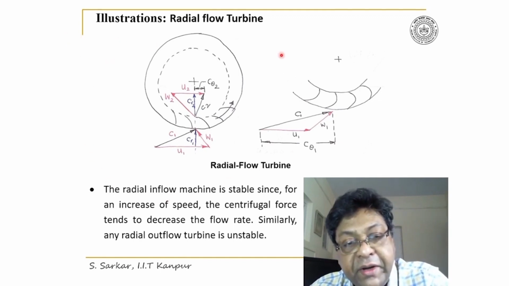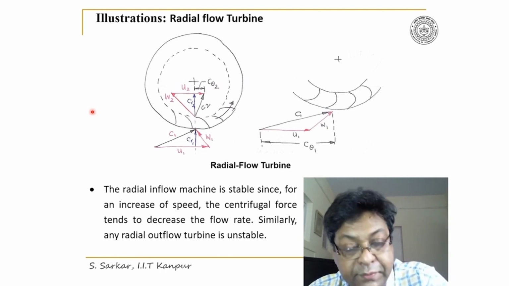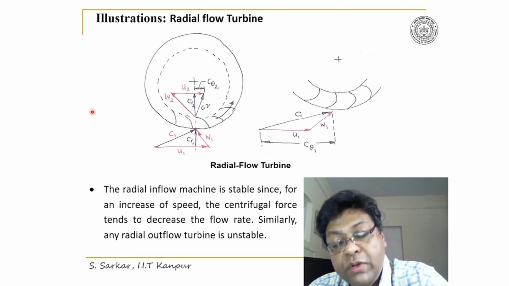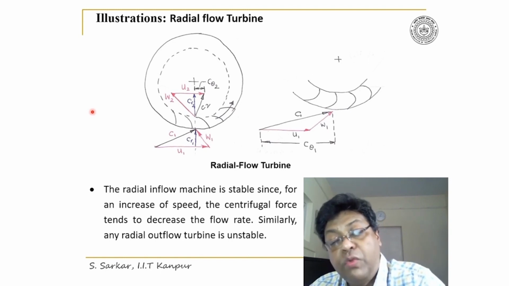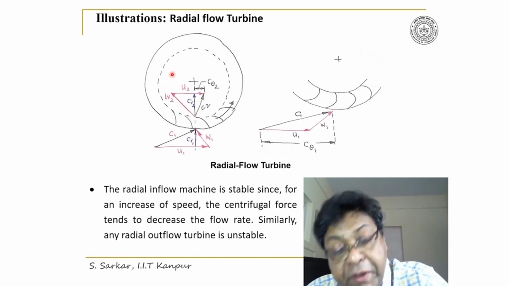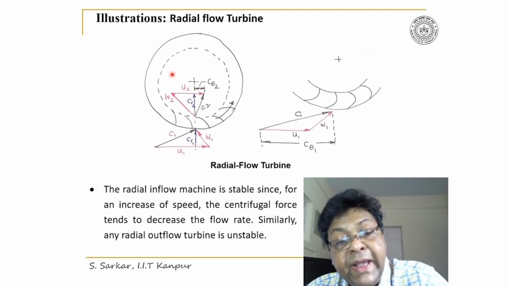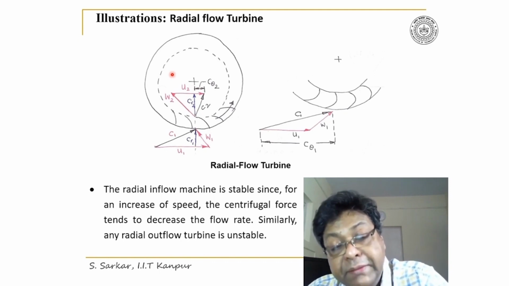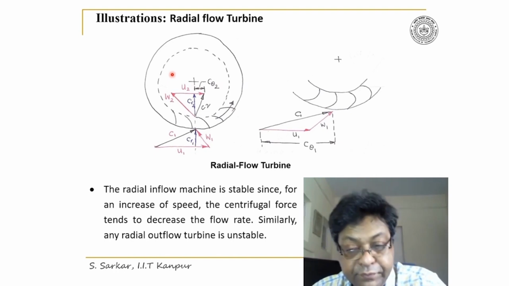I've sketched here a radial flow turbine which is inward flow. Please note that the compressor was outward flow, but a turbine is inward flow here because of the fact that a radial flow machine, particularly a turbine which is inward flow, is stable.